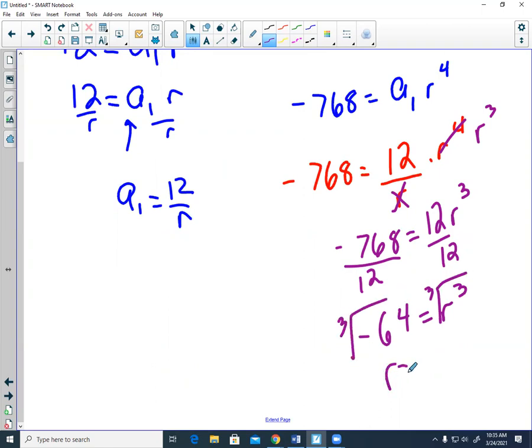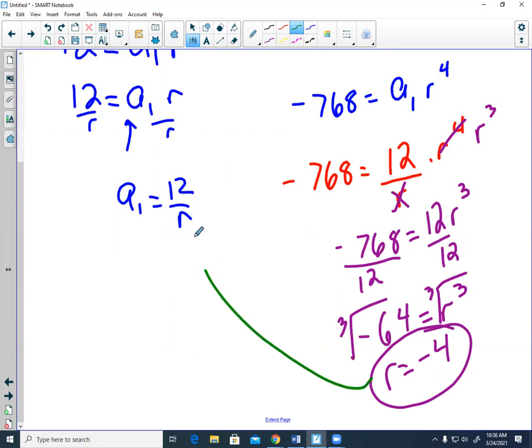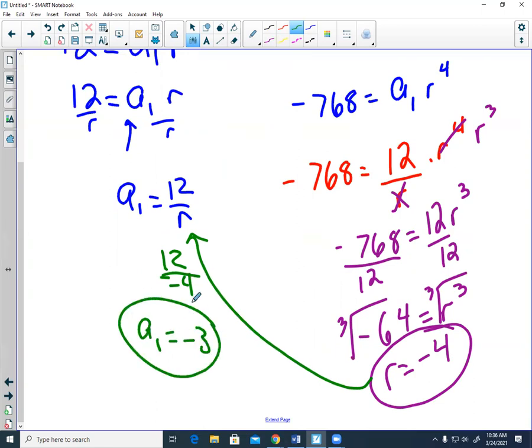So I'm going to get r equals negative 4. And then it would be really nice because I can just plug this number into here, and I get 12 divided by negative 4 is negative 3. So a1 is negative 3. Okay. If you have questions, let me know. Big Ideas is due tomorrow at 8 a.m.